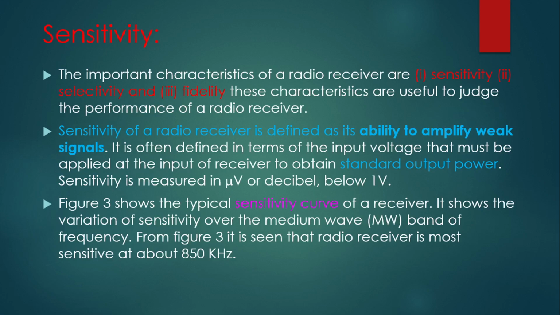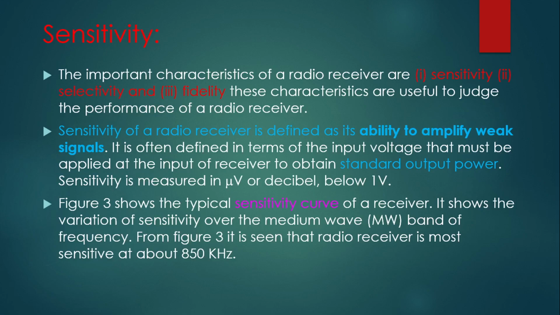So in order to understand the sensitivity of a radio receiver, a curve is plotted, and that is called the sensitivity curve. We will see one sensitivity curve in the next slide. It is plotted for the medium wave band of frequencies. The amplitude modulated frequencies are divided into two bands, that is medium wave and short wave.